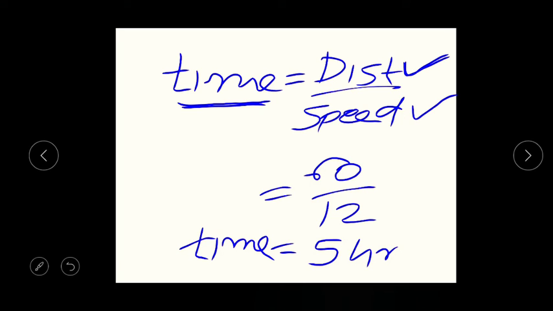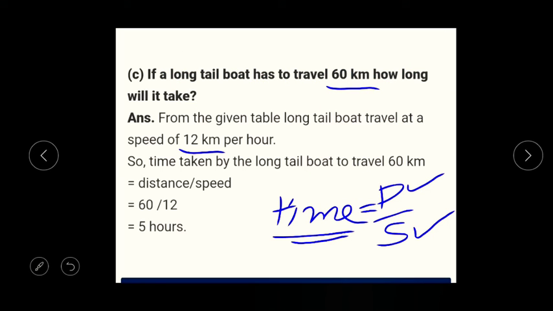Distance is equal to 60 km and speed is equal to 12 km per hour. If we divide 60 by 12, we get the answer 5. That is, time is equal to 5 hours. So the time taken by a long tail boat to travel 60 km is 5 hours. Is it clear? Very good.